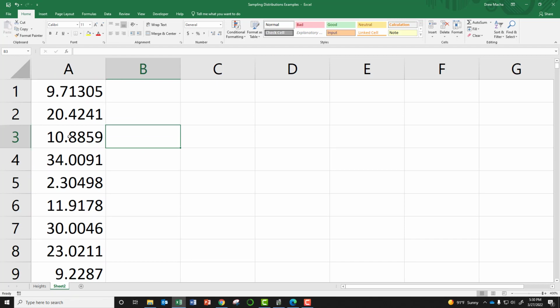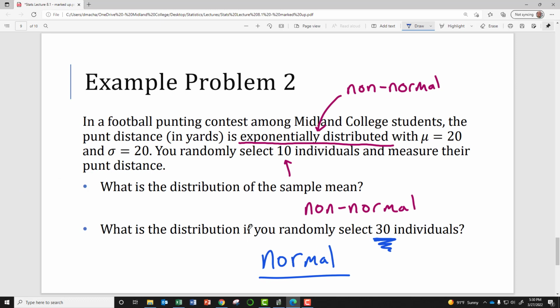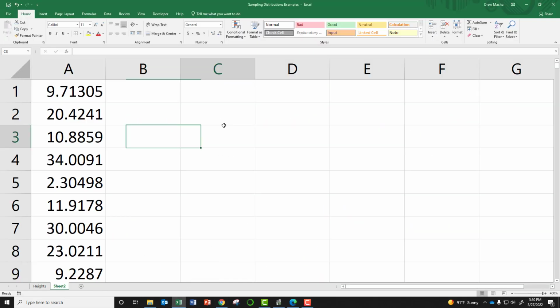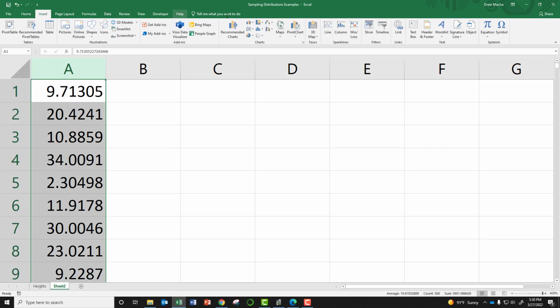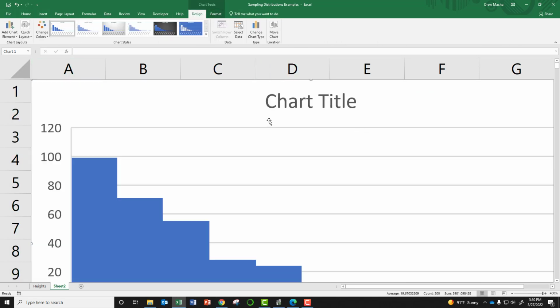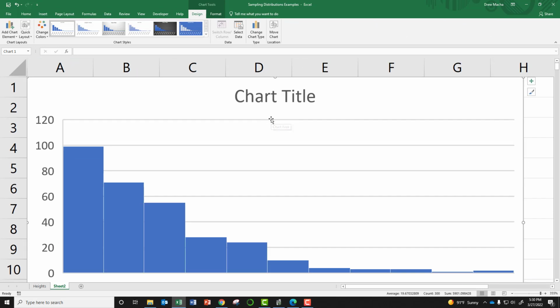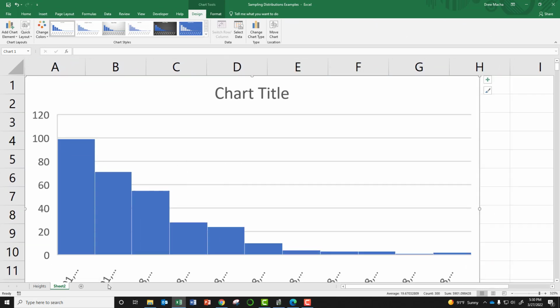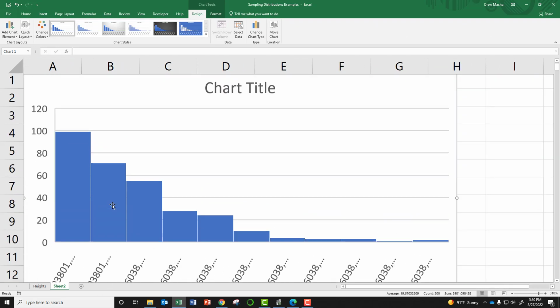So imagine this is the distance, again, in this punting contest among Midland College students. They're at the football field, they're having fun punting around footballs. Let's insert a histogram so you can quickly see what an exponential distribution looks like. And what this means is a lot of students aren't punting the football very far, right?